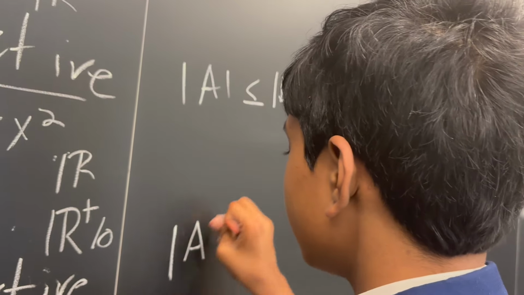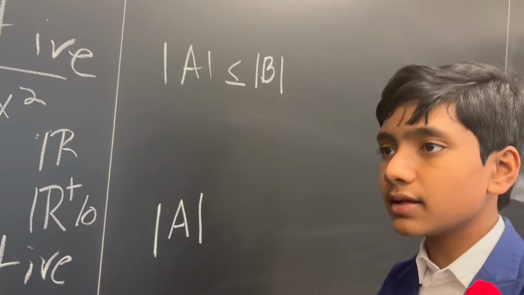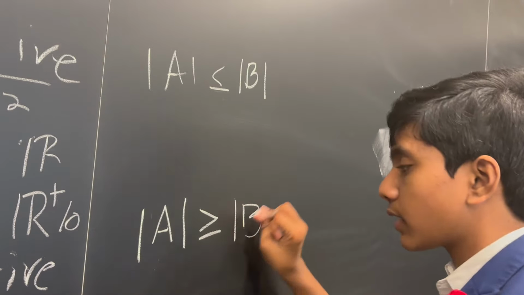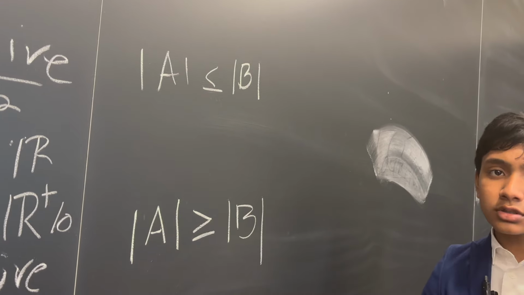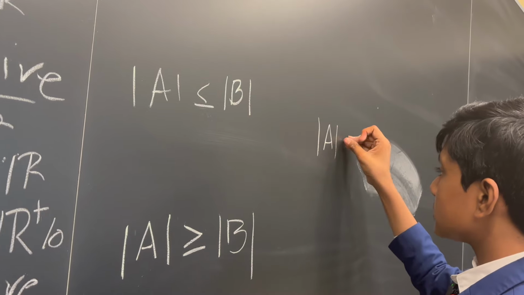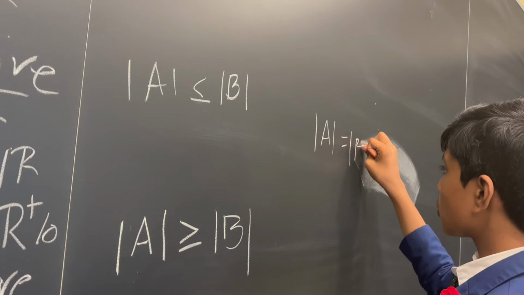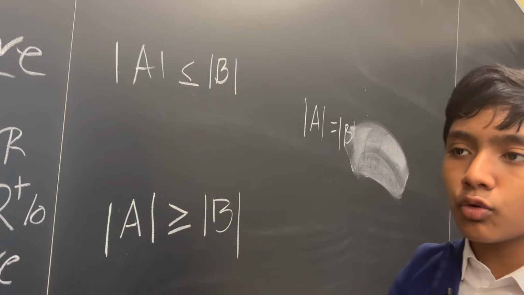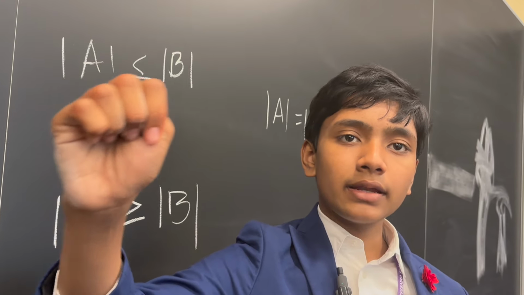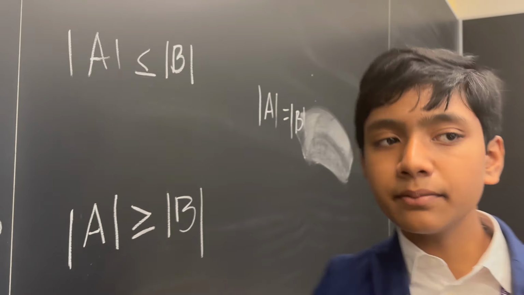If it's surjective, that means the cardinality of the domain is greater than or equal to the cardinality of the range. And of course, when we combine them, we get that their cardinalities are equal. Or in other words, there's a one-to-one correspondence. Every input has a unique output, and every output has a unique input.